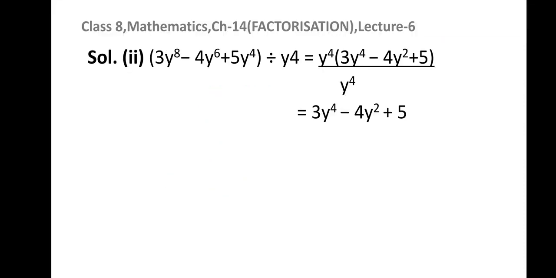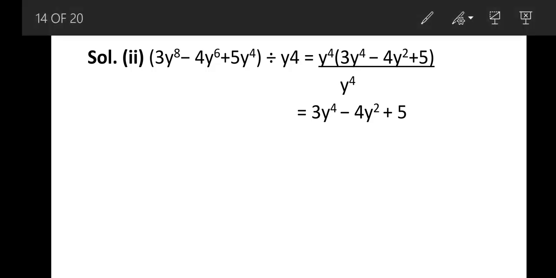Now let us understand the second part. In this part, it is 3y raised to the power 8 minus 4y raised to the power 6 plus 5y raised to the power 4 divided by y raised to the power 4. Now if you look at the numbers, that is 3, 4 and 5, no common factor can be taken out of this.